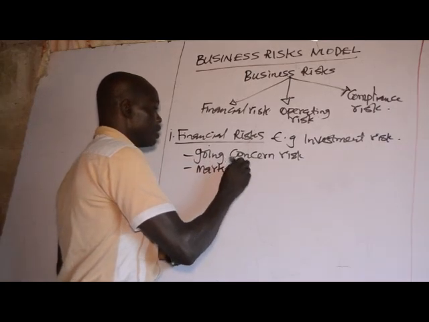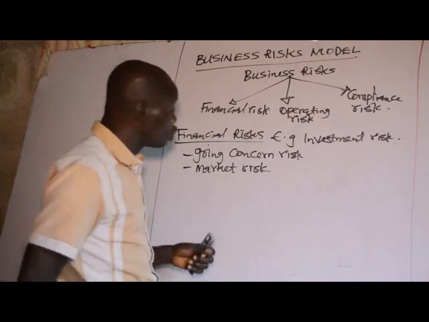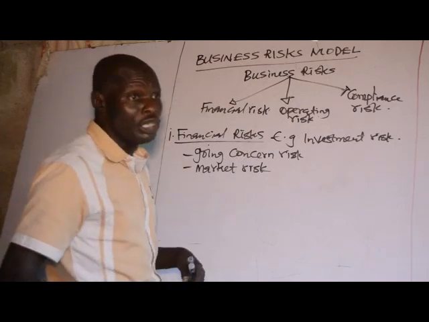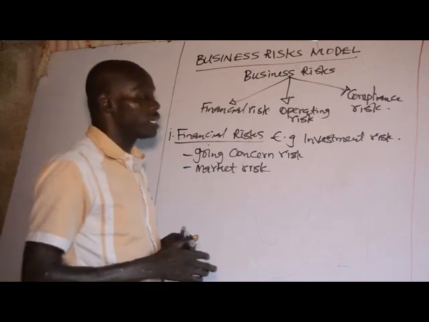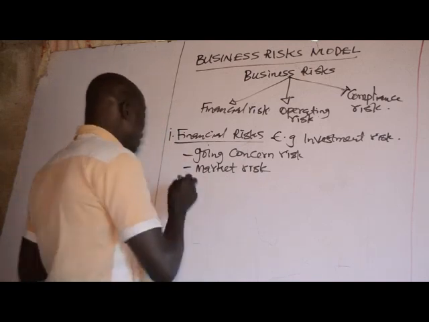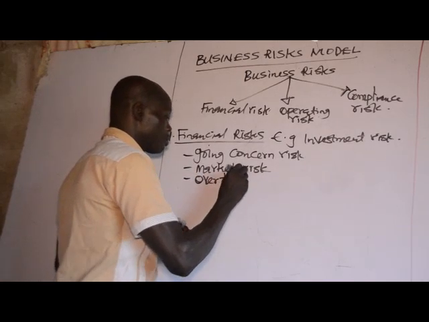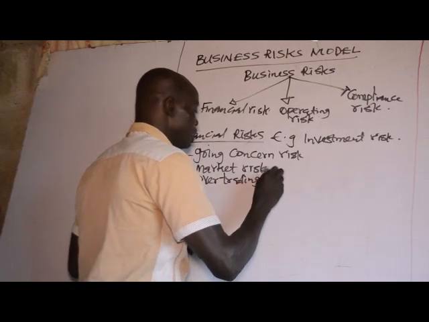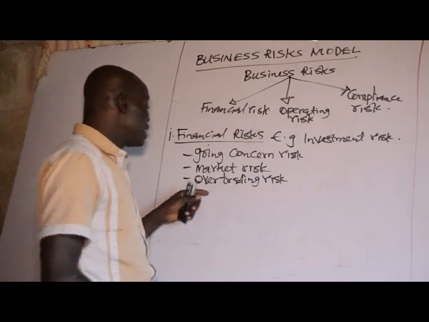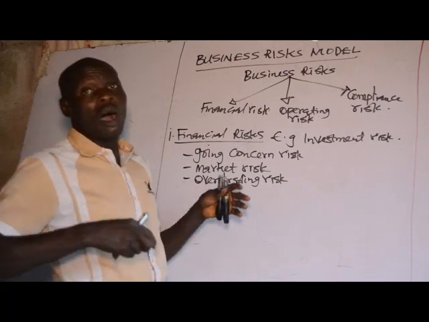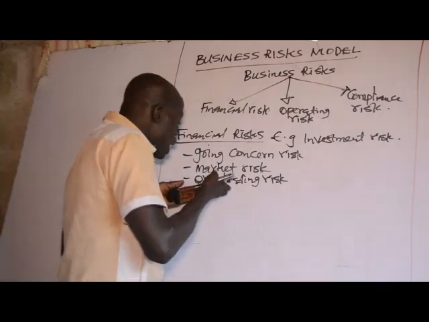Market risk. It may be due to the size of the market or due to an influx of competitors into the market. Number three is overtrading risk, when the entity is carrying out too much business activity with too little capital.